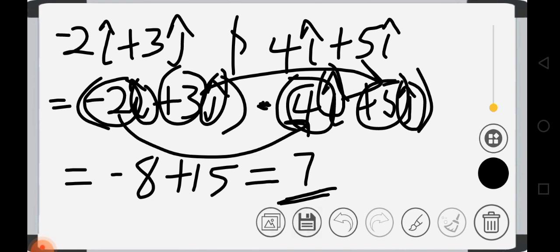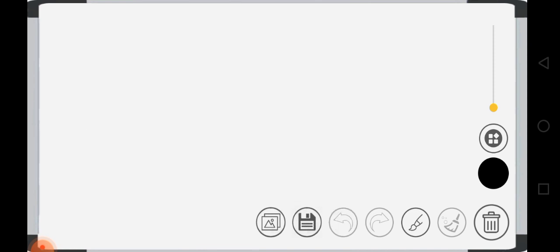Now, we have to find the unit vector acting in the direction of this vector, 2i minus j.